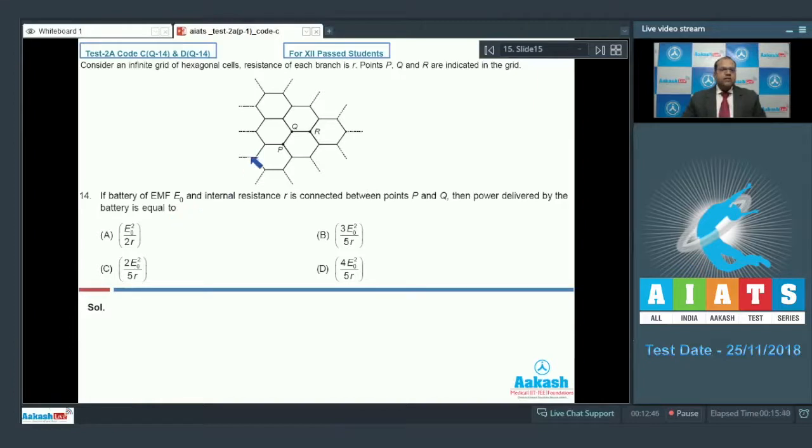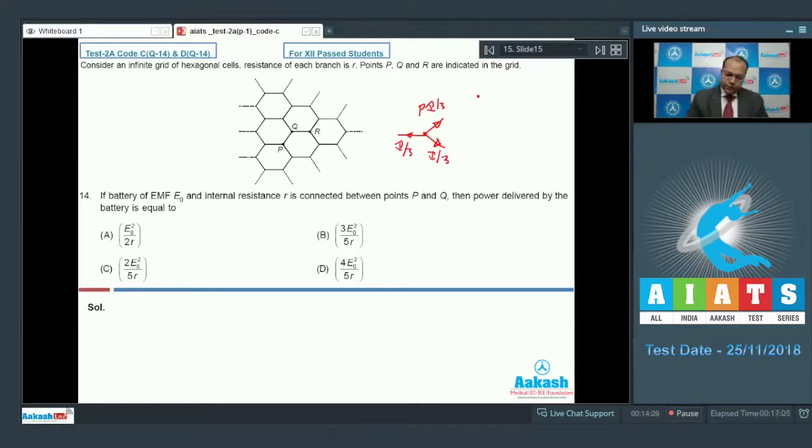So first of all, we have to calculate what is the equivalent resistance of this grid about points P and Q. So in order to calculate this, let at point P, I current is coming from the external source, then I by 3 current goes in this way, I by 3 current goes in this way, and I by 3 current goes in this fashion.